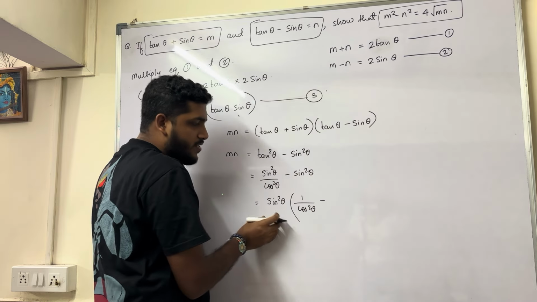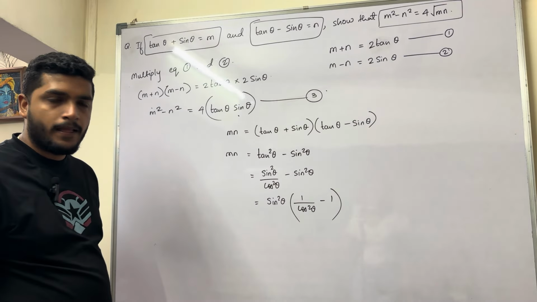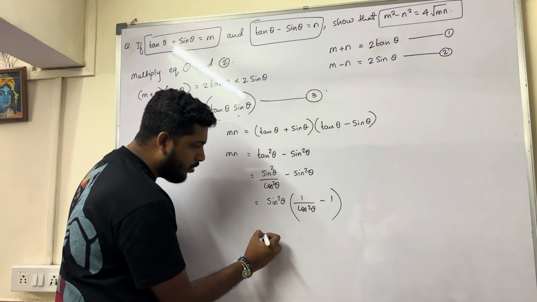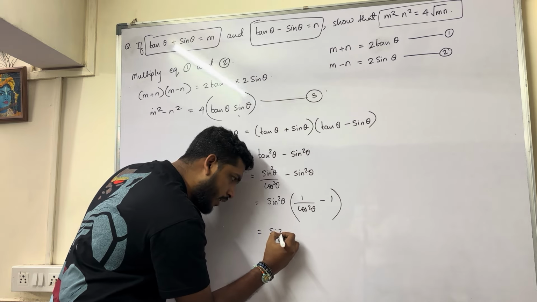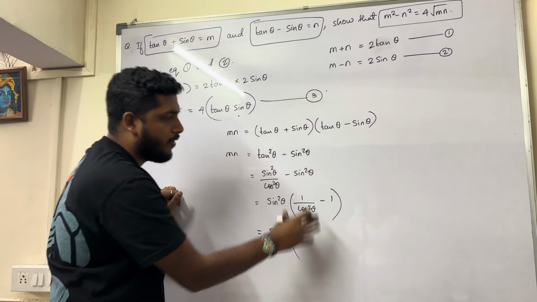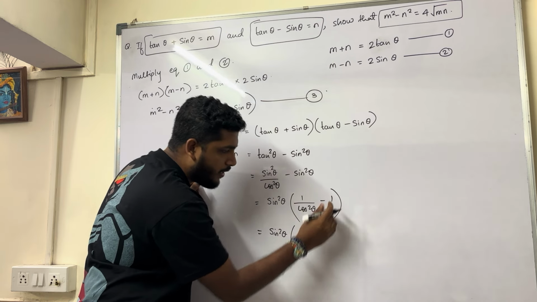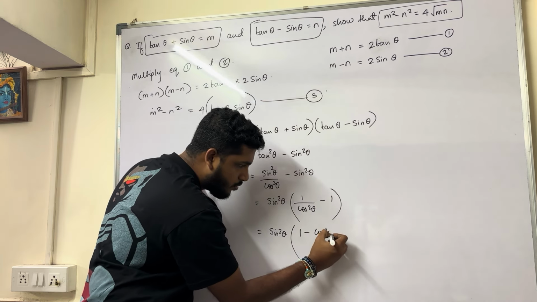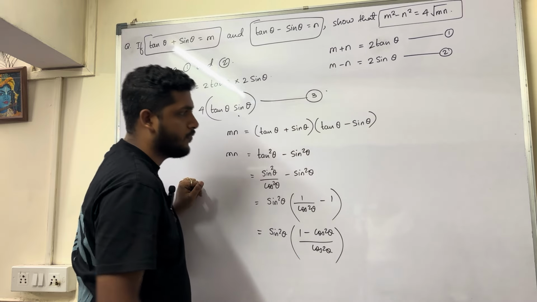Now you have taken sin square theta outside, so there is nothing here, so you can keep it 1. Okay. Now what I can do is I'll keep this sin square theta like this only, and I'll see what I can do here. Now this is 1 minus. Now you can multiply here, so it will be cos square theta upon cos square theta.